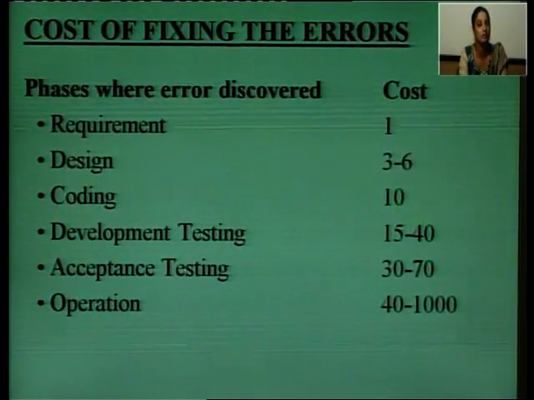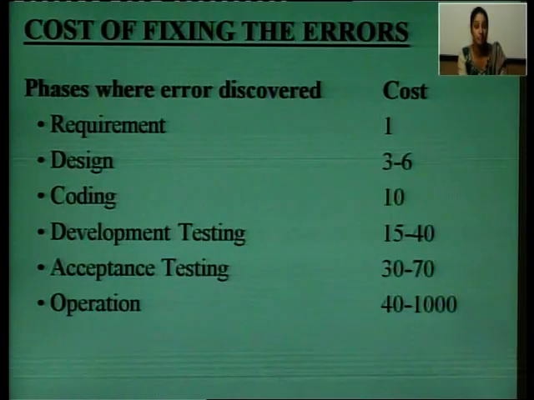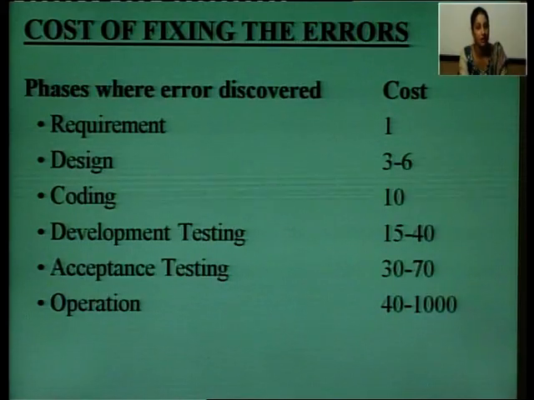Now, the various phases at which we discover an error and the cost for that error. If I find the error at the requirement stage, it costs me 1 rupee. If I find it at the design stage, it costs me 3 to 6 rupees. At the coding stage, it costs me 10 rupees. At development testing, it costs me 15 to 40 rupees.